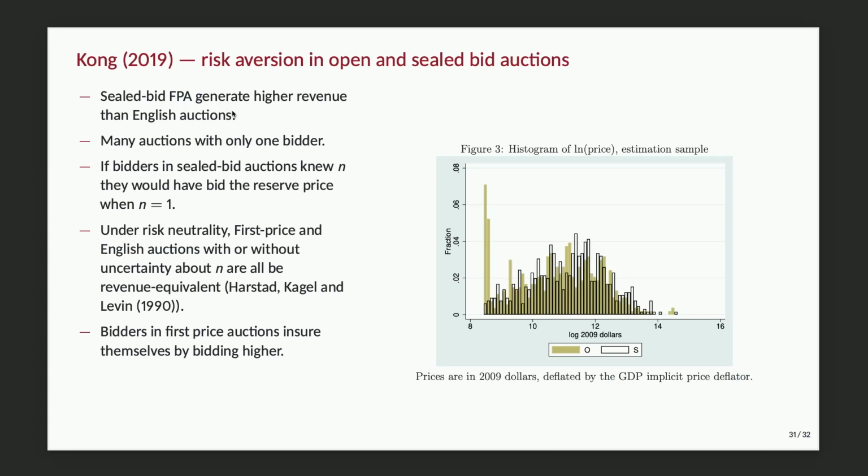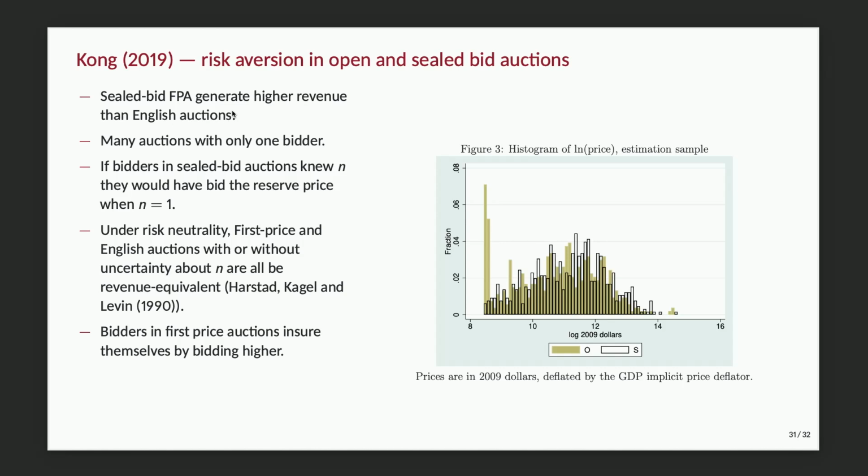That's a theoretical prediction from Harstad, Kagel, and Levin, and that's not what we observe. We see higher revenue for the seller from the sealed bid auction, consistent with this idea that bidders are insuring themselves against competition in the sealed bid auctions by bidding higher.